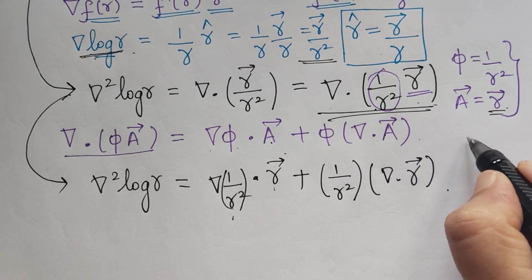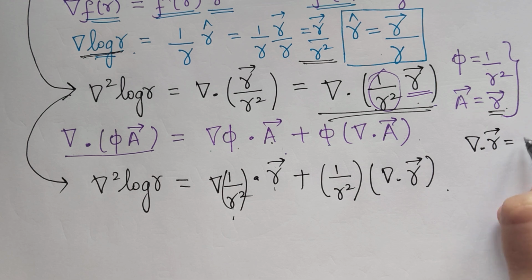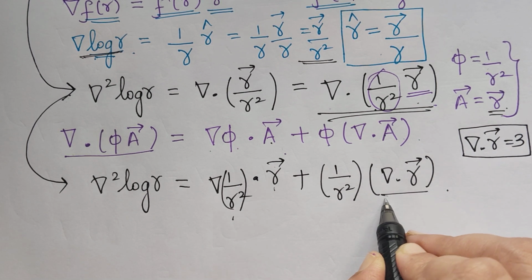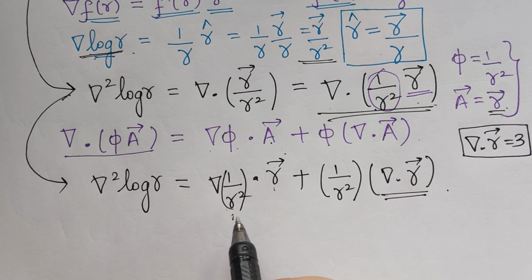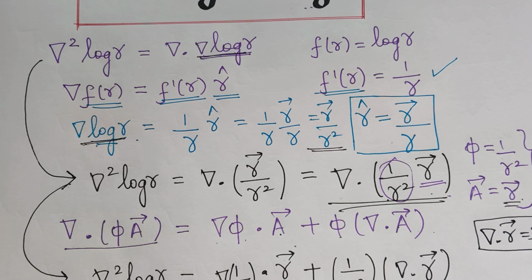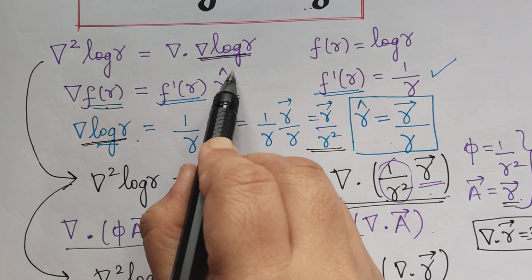Now in vector differentiation, we already saw that nabla dot r vector is equal to 3. We have derived this result previously, so we are going to make use of that over here. And what about nabla 1 by r square? For this, again we are going to make use of the result nabla f of r is equal to f dash of r multiplied with r cap.